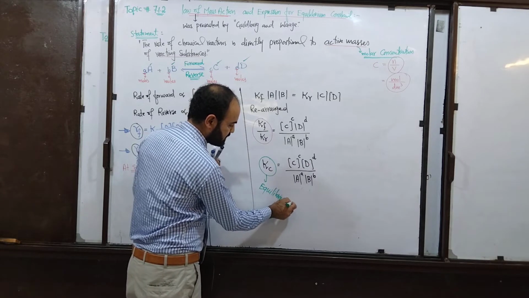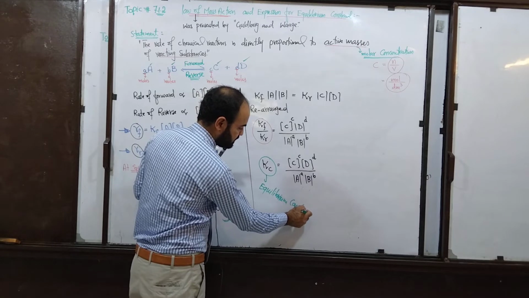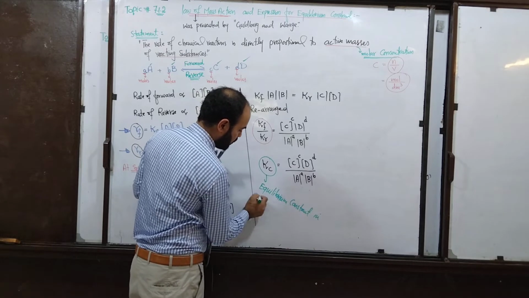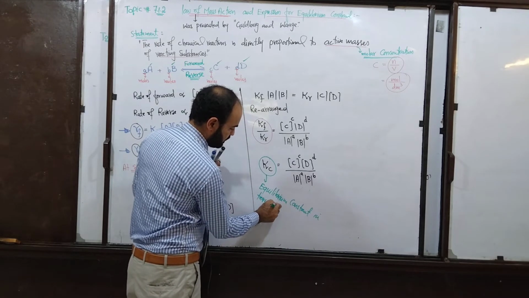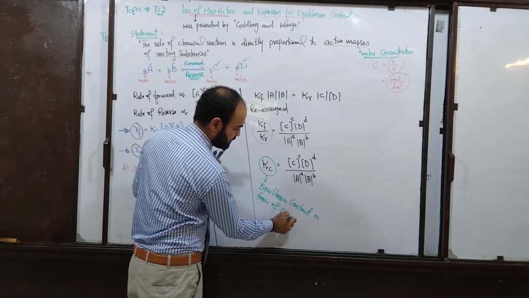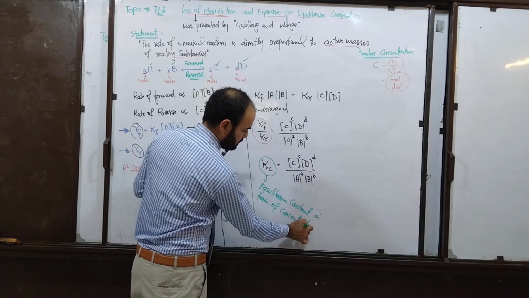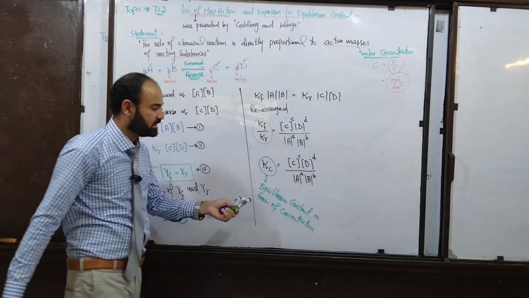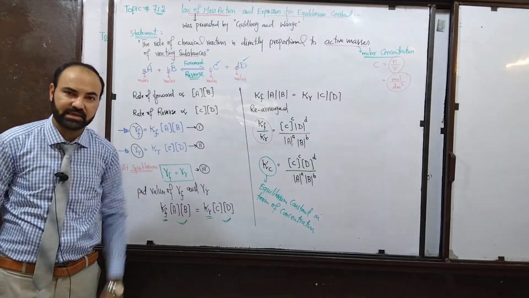Look students, this is the equilibrium constant in terms of concentration, that is known as Kc.